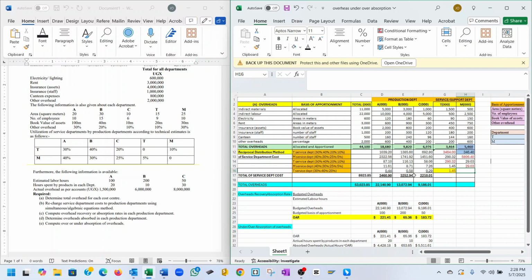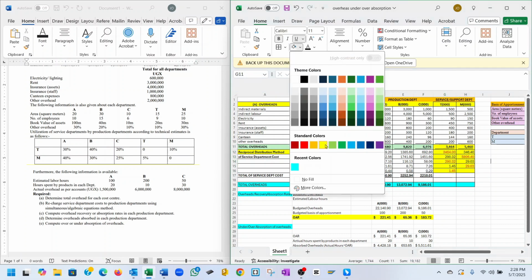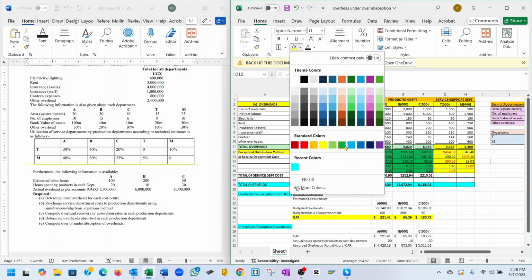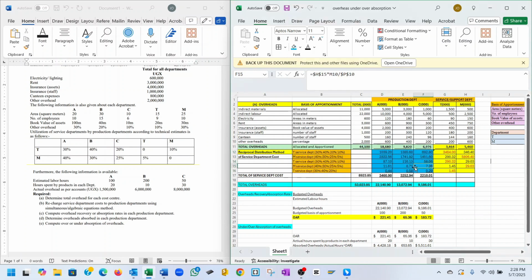Now, when we share, we are going to get for department A, department B, department C. I hope you get it. Now we've shared the service department cost to the production department, to this particular production department.